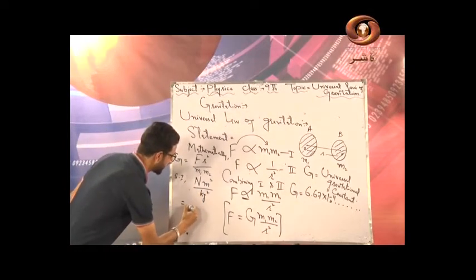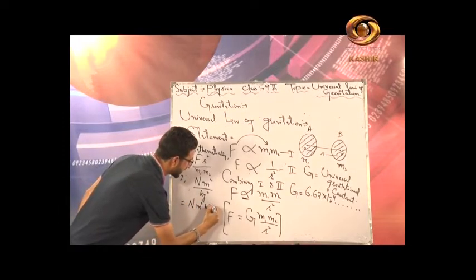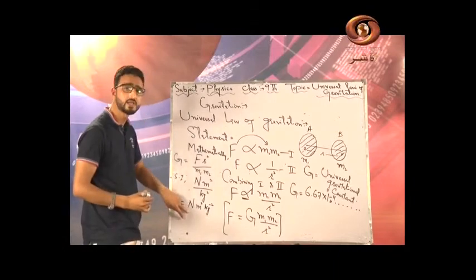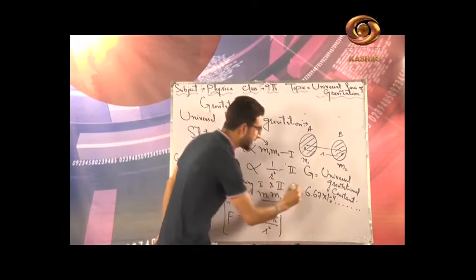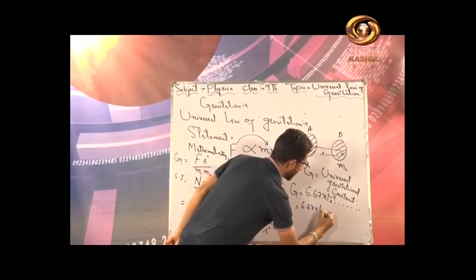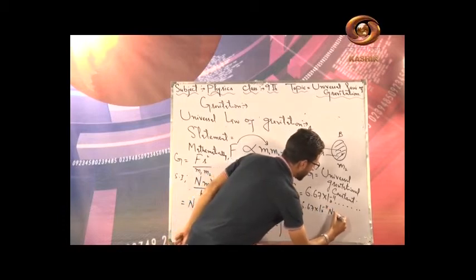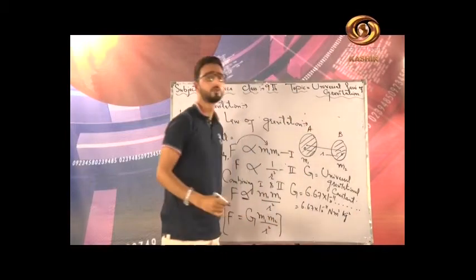So simply I will write this is Newton meter square per kg square. This is the SI unit of the universal gravitational constant. So the value of G is 6.67 into 10 raised to the power minus 11 Newton meter square per kg square.